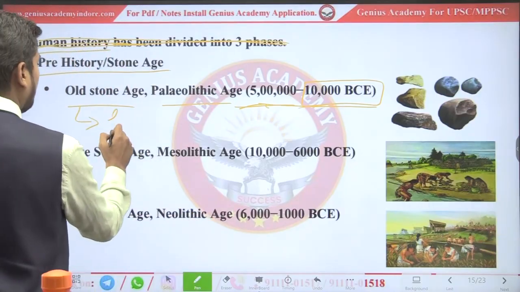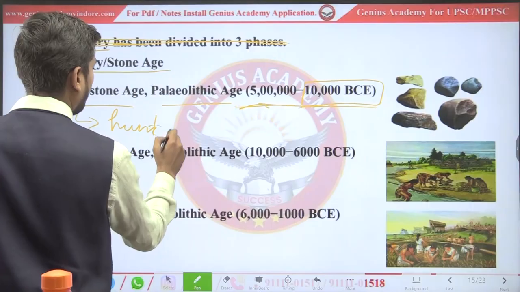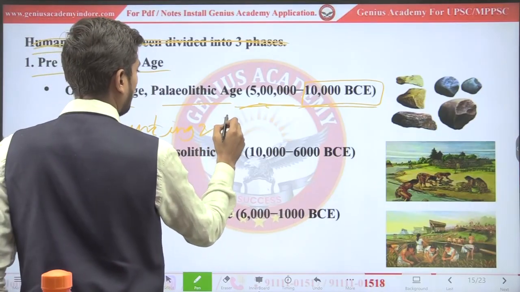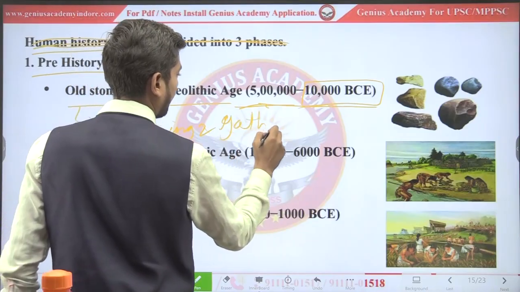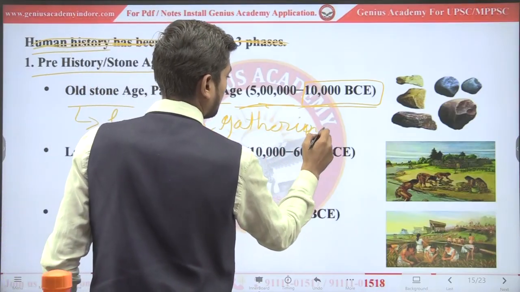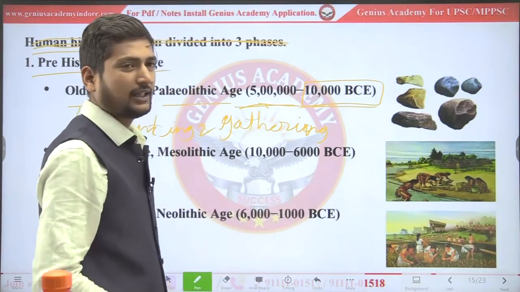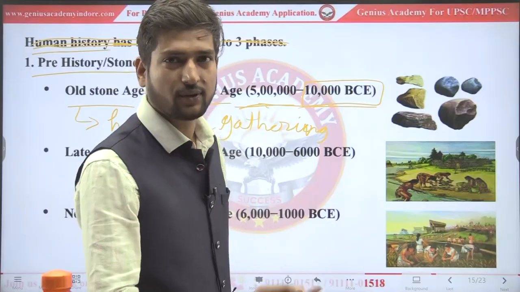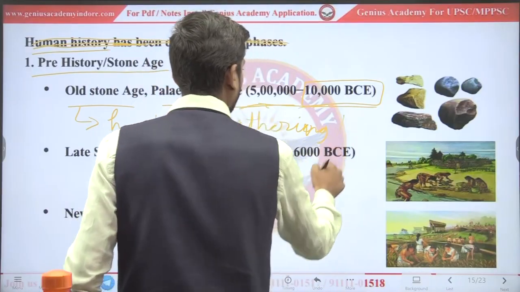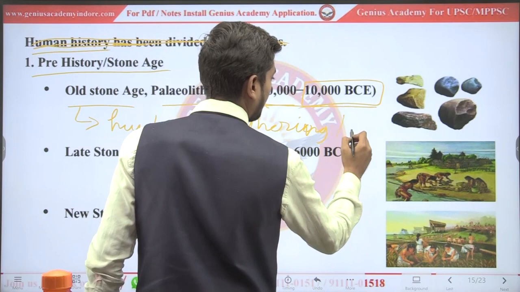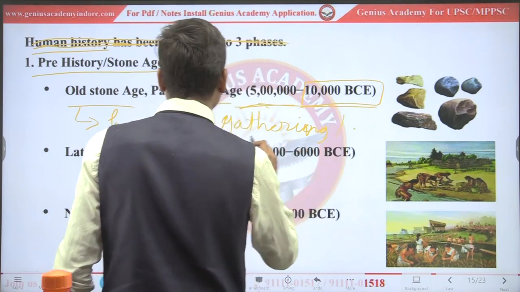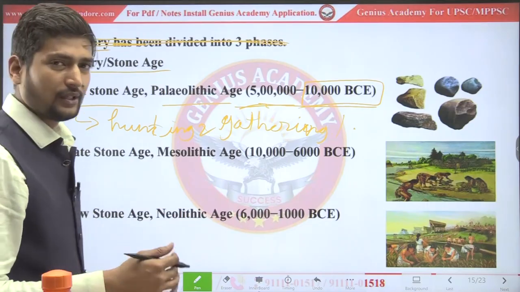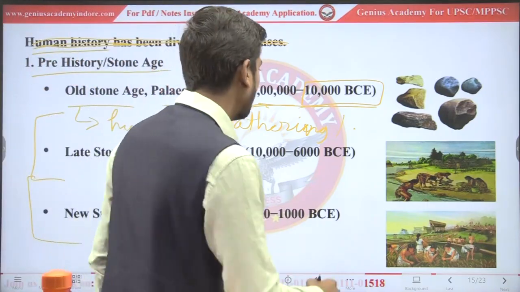In this, hunting and gathering is the major activity. Just hunting wild animals and gathering some wild fruits is the main occupation, and all these ages are differentiated due to the stones we got from the sites.